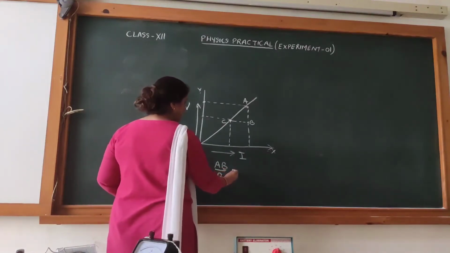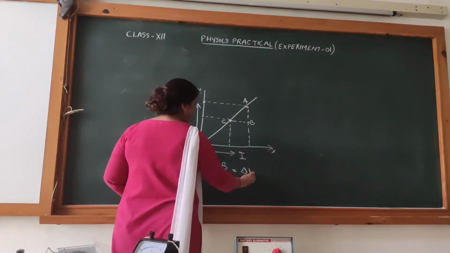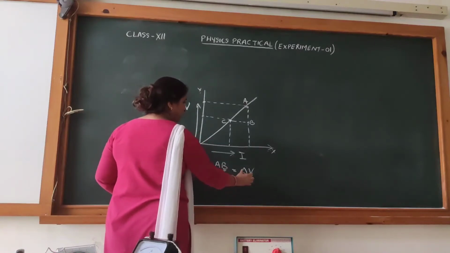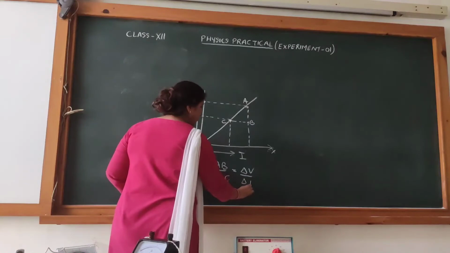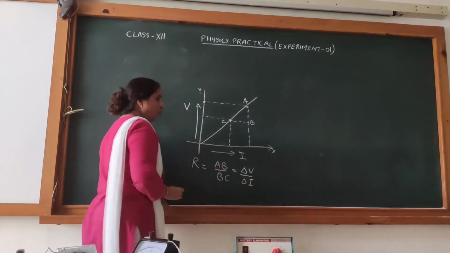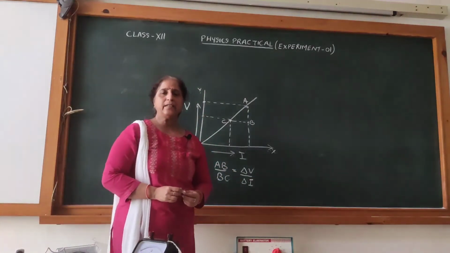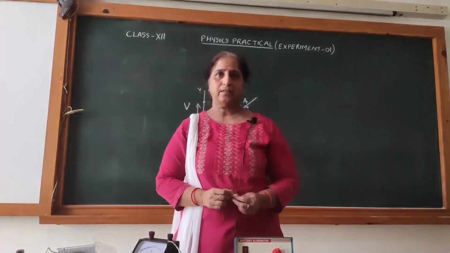So actually AB is giving you delta V and BC is giving you delta I. That's why we are saying the slope of this graph is equal to resistance.